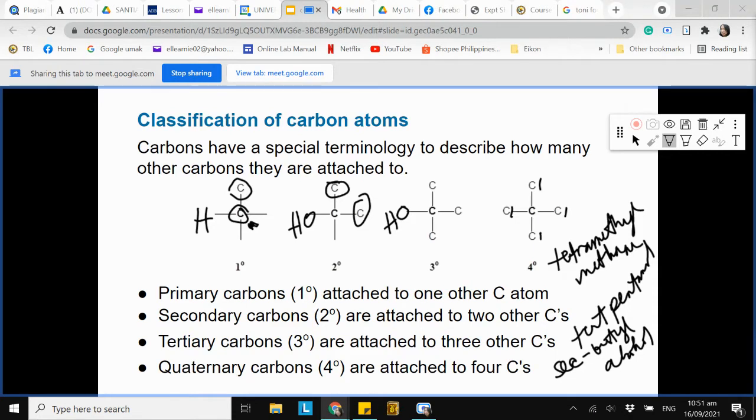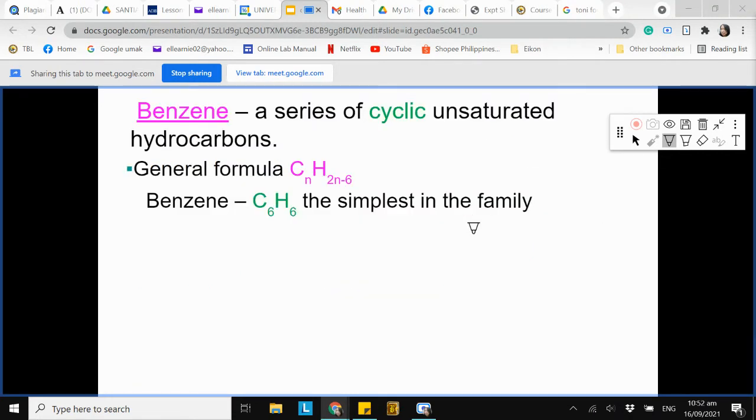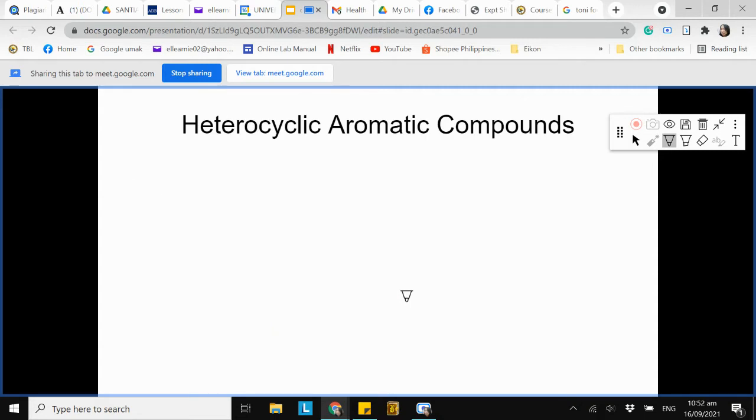Then we also have, remember we discussed benzene, which is homologous. When you say homologous, pare-pareho lang na carbon-hydrogen siya. Now, yung isa sa mga dito ay hindi na maging carbon. We have what we call the heterocyclic.